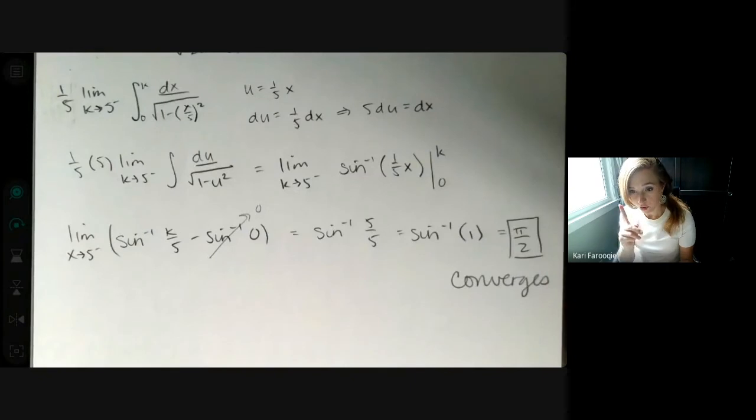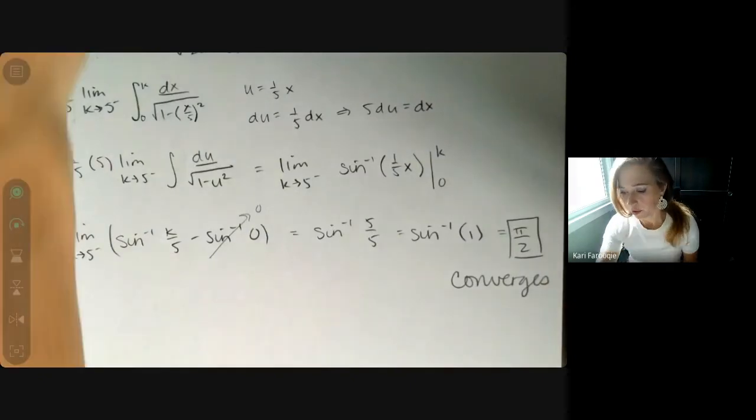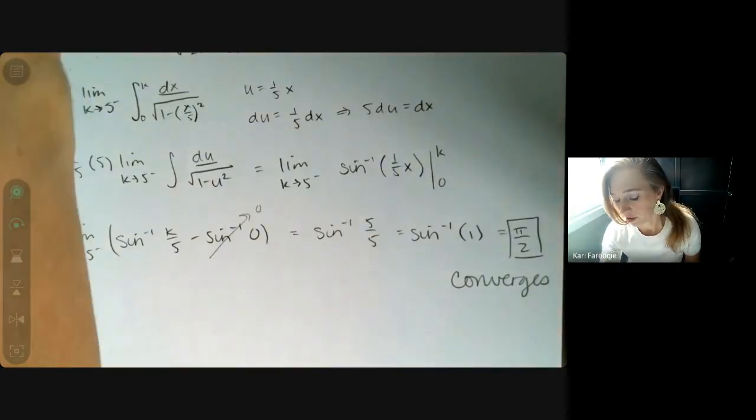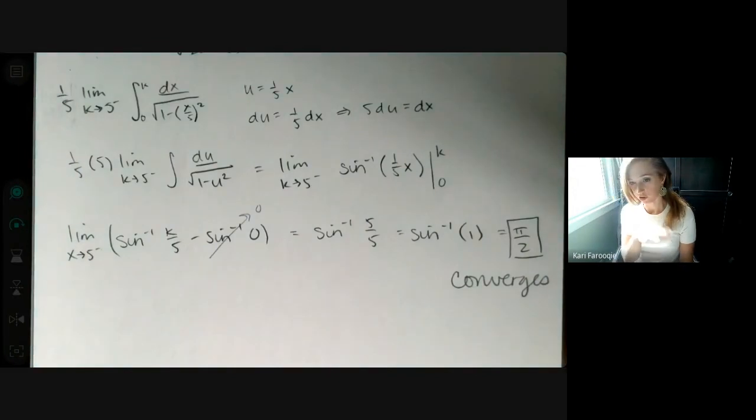Let's do one more example. And in this example, we're going to do one where the infinite discontinuity is actually inside the interval from a to b.